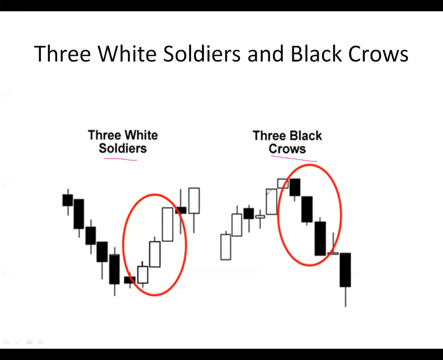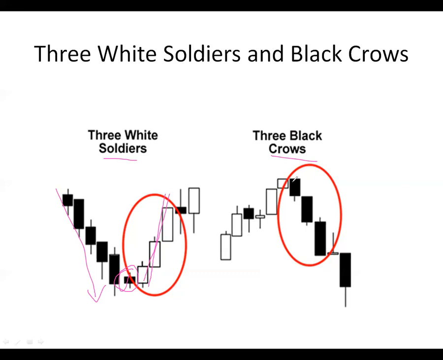Now, the second pattern I'm here to share with you is a situation where you have a downtrend and then all of a sudden there is indecision in the market. And then after the indecision, there are 3 straight candles. They are all bullish candles in the opposite direction.